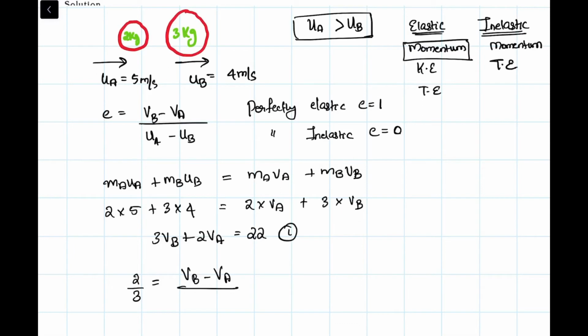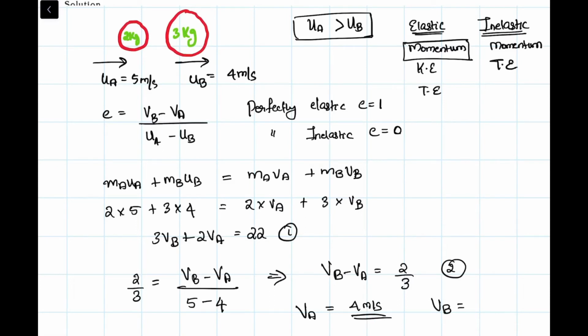It's given UA minus UB, which is 5 minus 4, from which you get the second equation, VB minus VA equal to 2 by 3. Solving the first and second equations, you get VA, the velocity of the first particle after collision, as 4 meter per second. The velocity of the second particle after collision is 4.67 meter per second. That's how we do this problem.